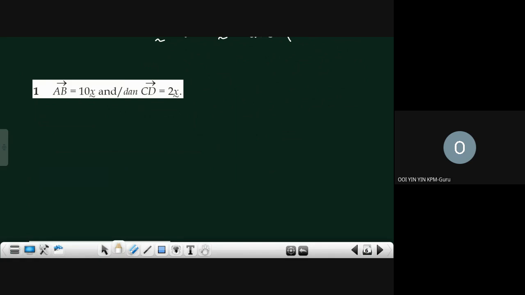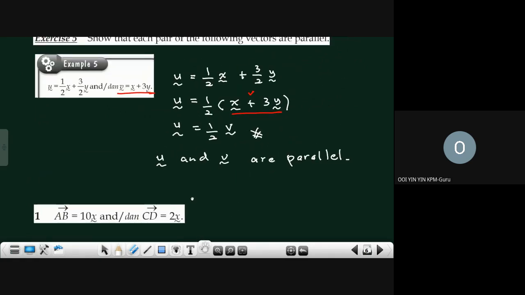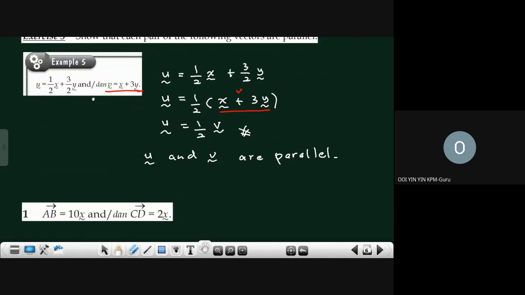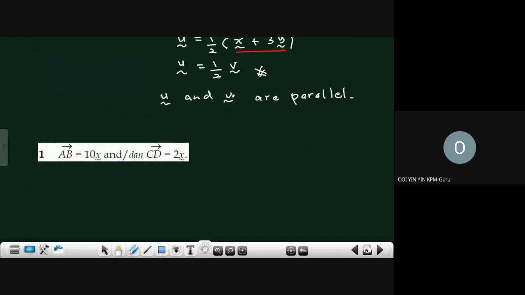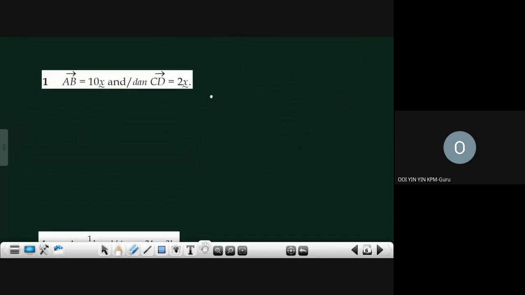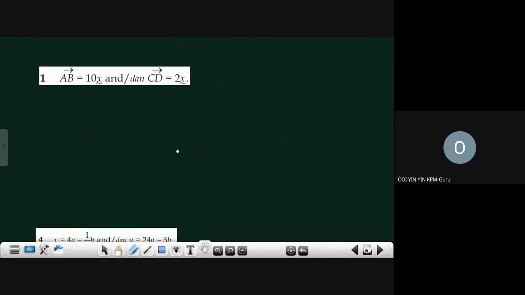Just now, the number was smaller, but because it was a fraction, we started from it. If there is no fraction, we start from the one with the bigger number.